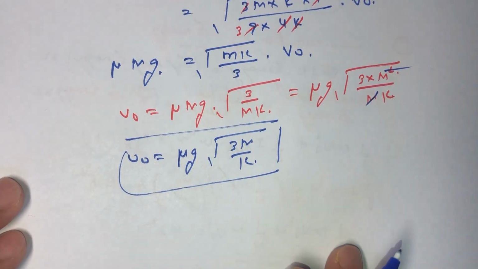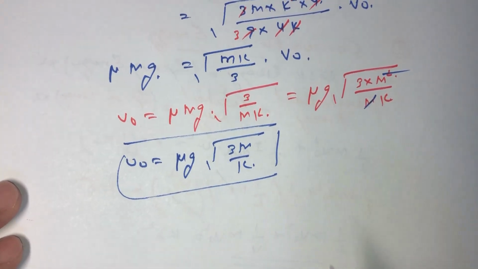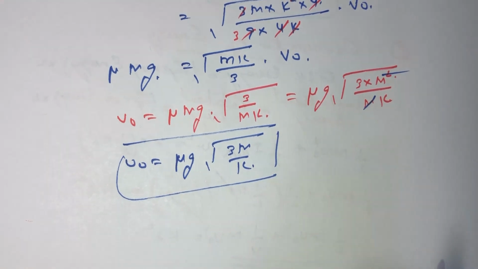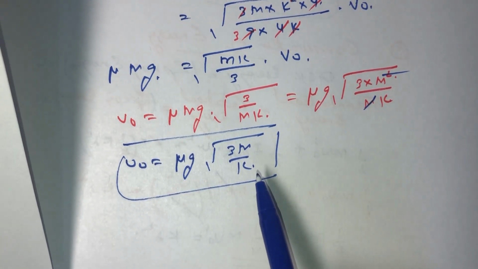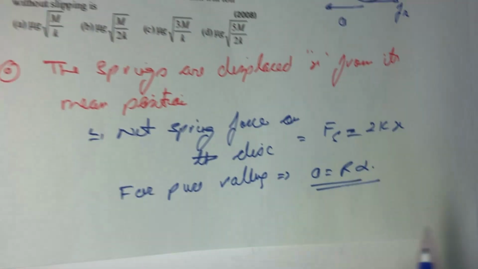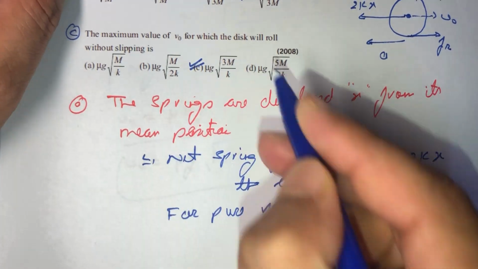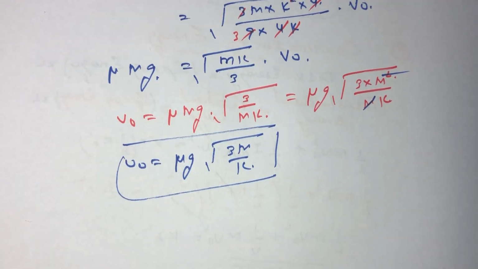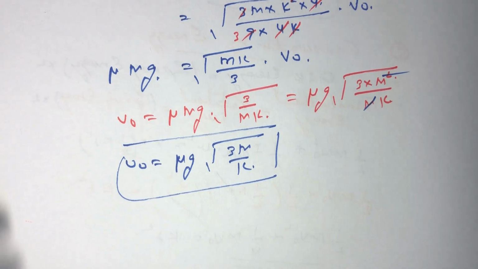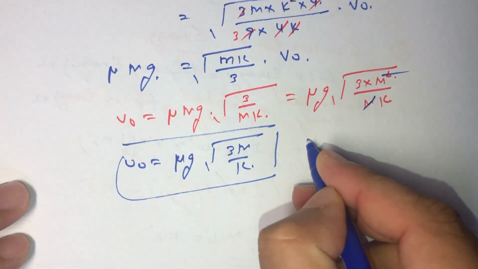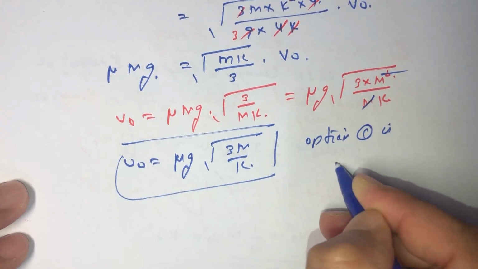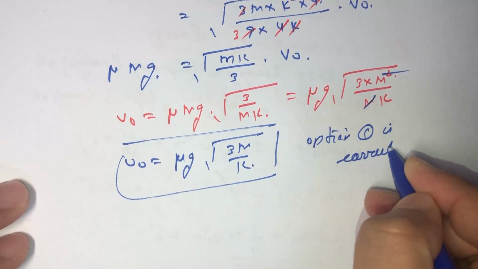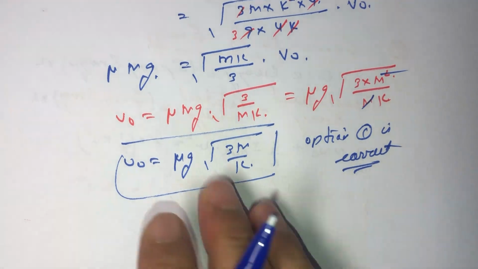So this is the maximum velocity without slipping. Okay, and if we see the options available to us, option number C is the correct one. Option C is correct.